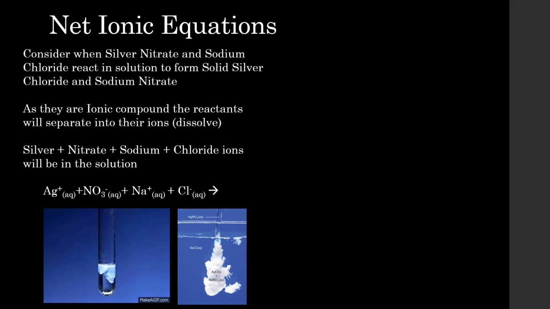Finally, we want to just talk about net ionic equations. Now, your syllabus will just call this ionic equations, and we'll talk about that in a sec. So, consider when silver nitrate and sodium chloride react in water to form solid silver chloride and sodium nitrate. As they are ionic, those reactants separate into their ions, as we saw. So we've got silver and nitrate and sodium and chloride ions in solution.